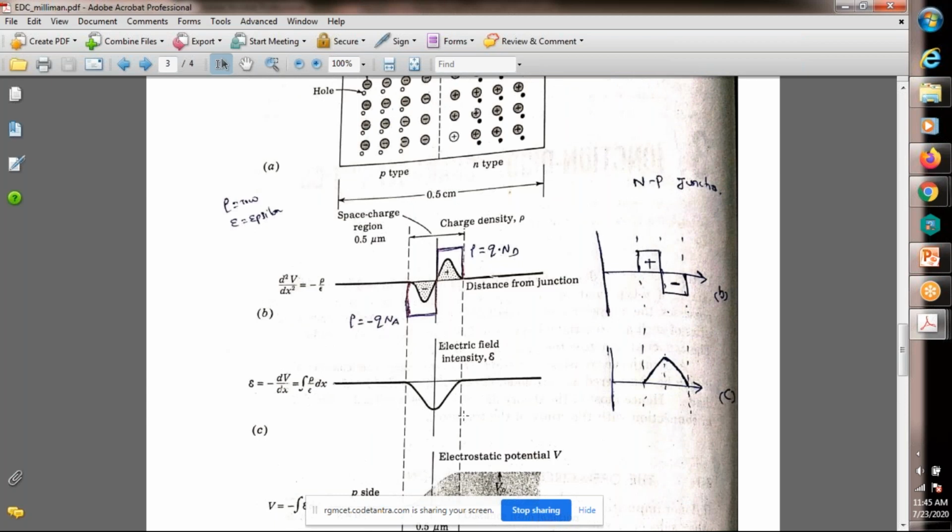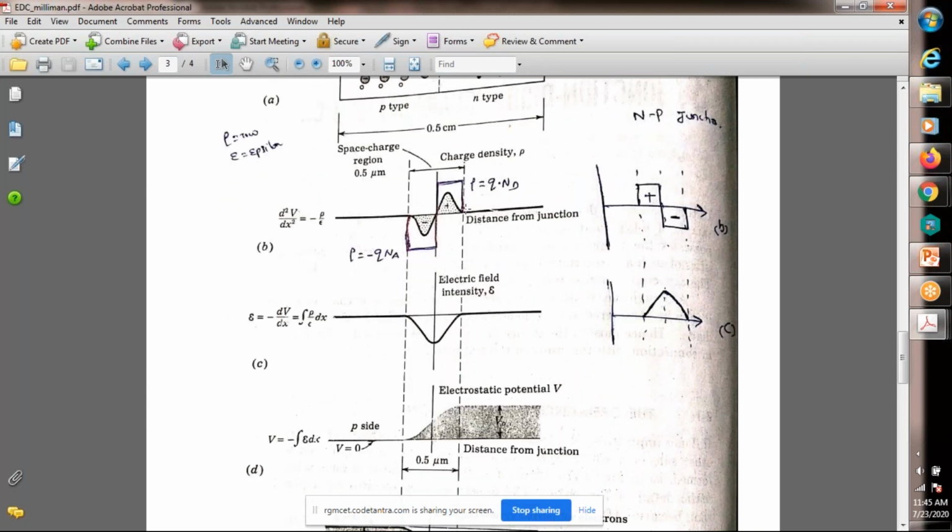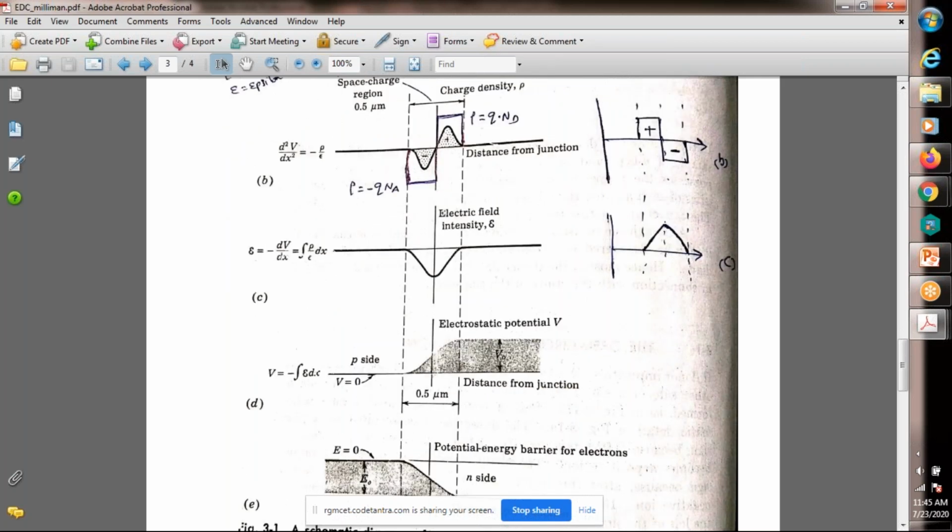Here it is a negative ion charge. This is converted into electric field just by integration. Integrate this signal and you will get this signal. Further integrating this signal, again we get a signal like this. So here it is the voltage. Already we derived this voltage, 0.786 millivolts. This much voltage is the opposition.